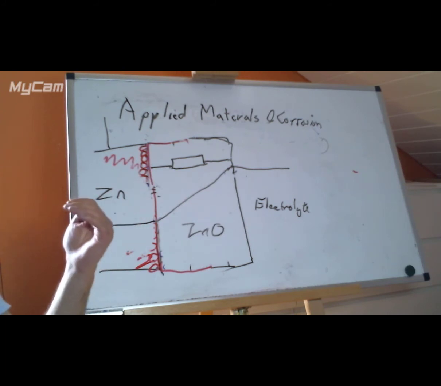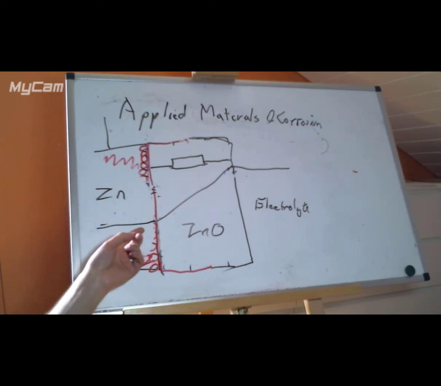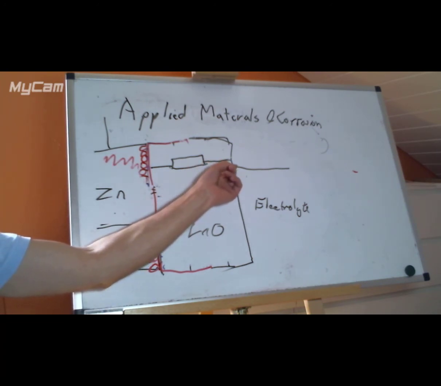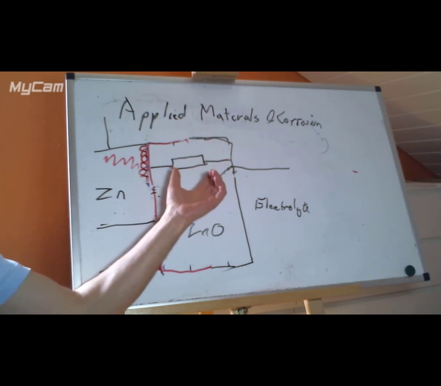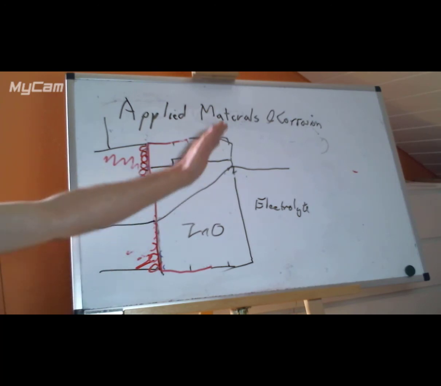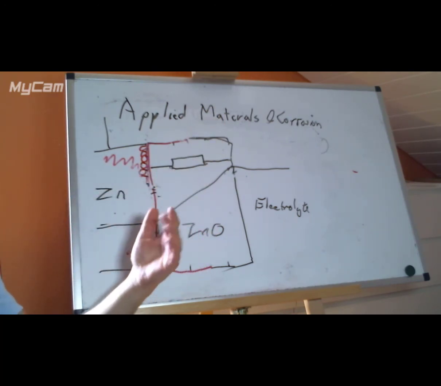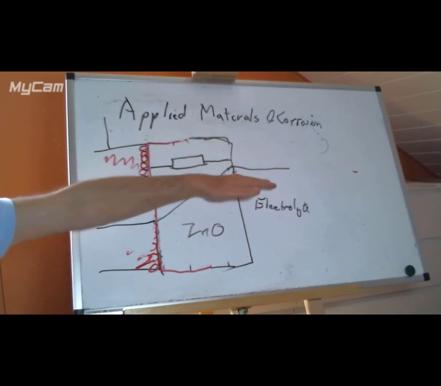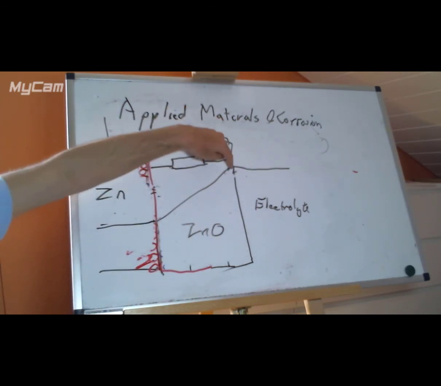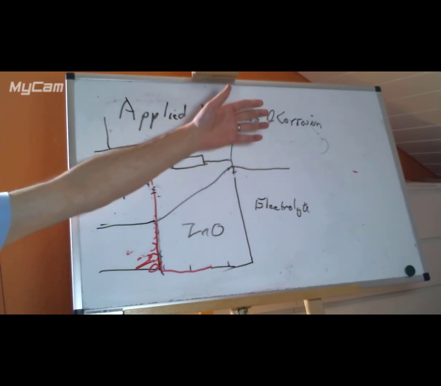It will block that reaction, or at least slow it down, because the faster we try to drive it, the more current we try to drive across our resistor, the steeper this angle, and so the thinner the zinc oxide has to be to block the reaction, because as long as we push the voltage to a suitable position, our reaction will stop.